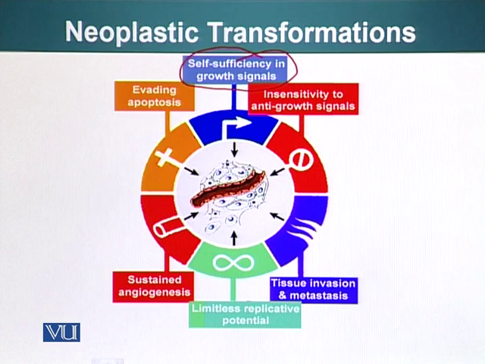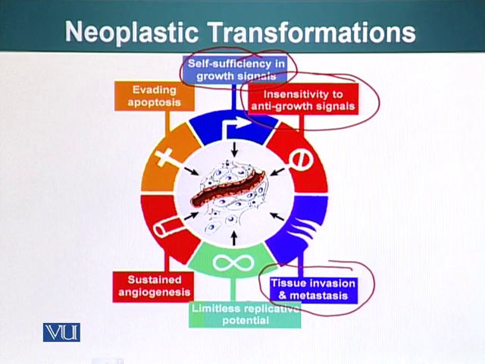So cancer cells should be able to divide in the absence of signaling molecules that tell cells to divide. They have to become insensitive to anti-growth signals. They should have the ability to metastasize and invade other tissues to propagate. They should have limitless replicative potential.